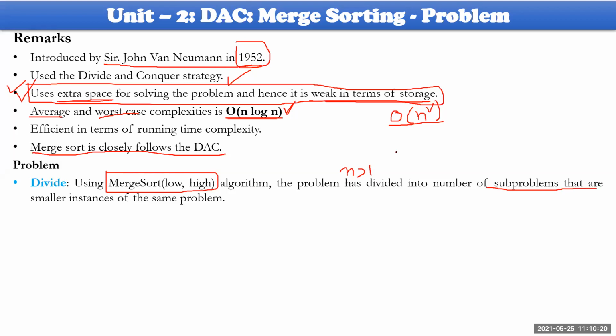I'll give you one example, then you can understand. Then the conquer operation will be done. The basic synthesis of divide and conquer is that it is always executing recursive calls. The same thing is followed by merge sort also, and then combine.